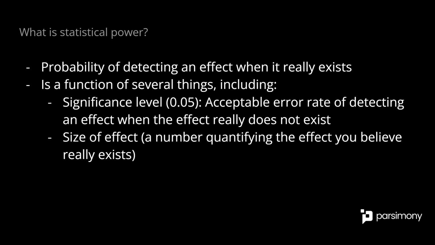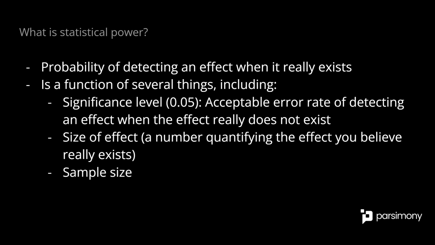Statistical power also depends on the size of the effect. So if in reality the treatment that you're interested in has a huge effect on the outcome that you care about, then you are more likely to detect that effect in your study, and so your statistical power is higher. If in reality the size of the effect is very small, then you're less likely to detect that effect, so your statistical power is lower.